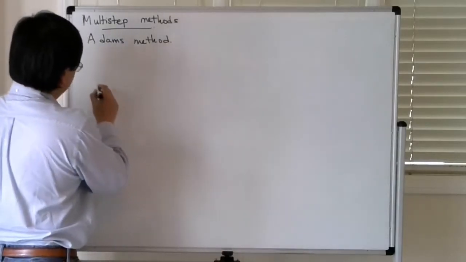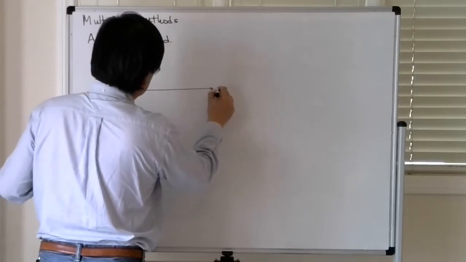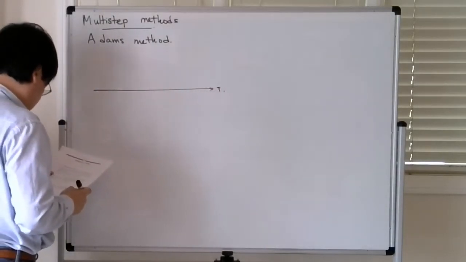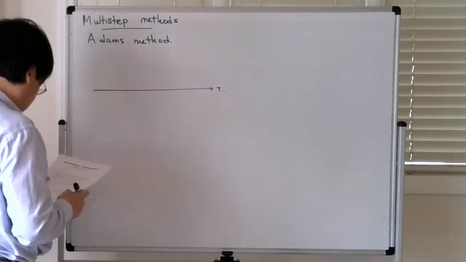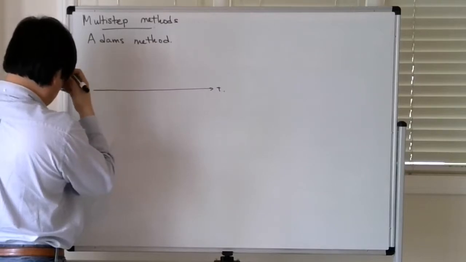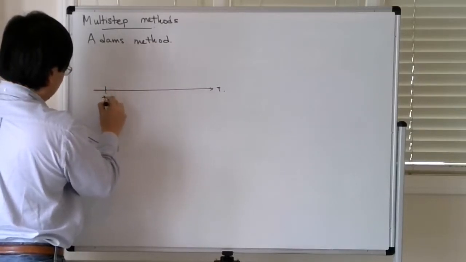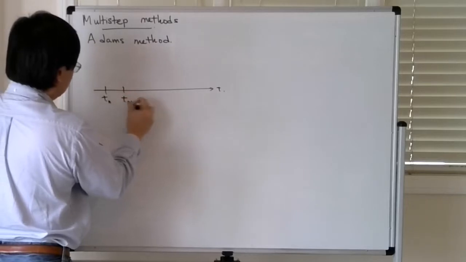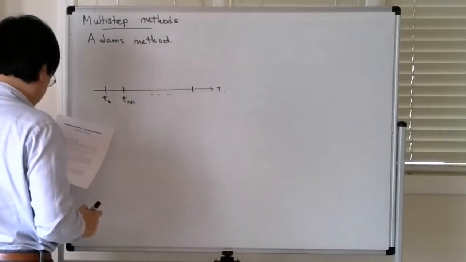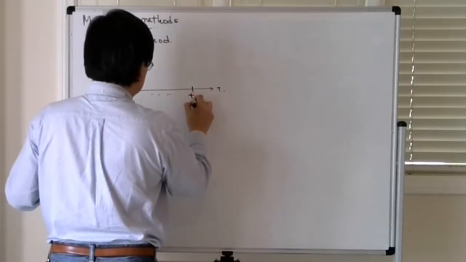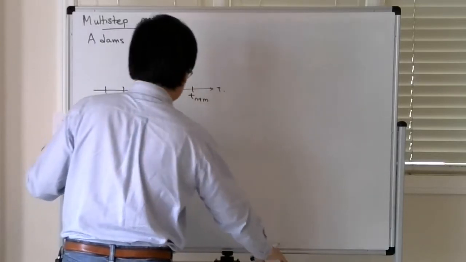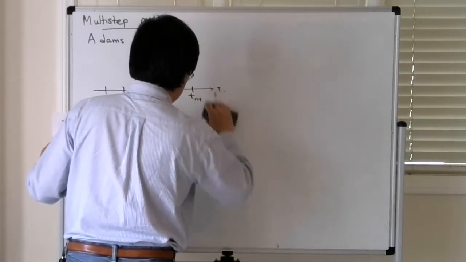let's look at what happens. So imagine this is the time interval t, okay, and you have tn, tn plus 1, all the way up to tn plus s, if you will.